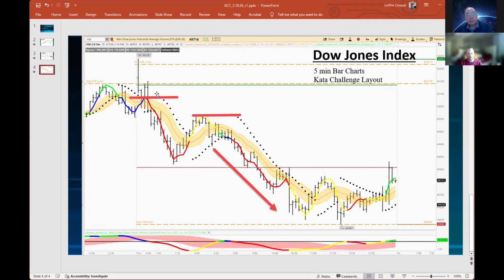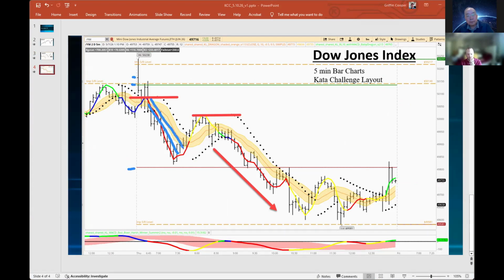What that looks like is a really nice clean setup on the 5 minute charts. This green line is the previous day's high, and this red line is the previous day's low. So it gapped above the previous day's high and then started to sell off. Usually in the kata challenge, most of the patterns are reactive, where you don't have to anticipate the breakout.